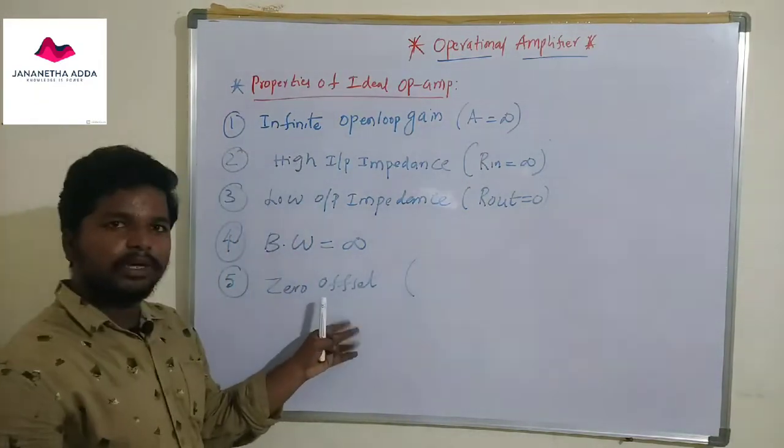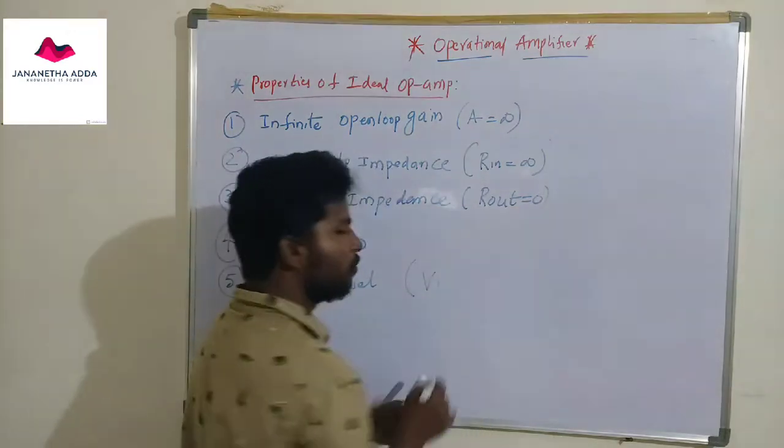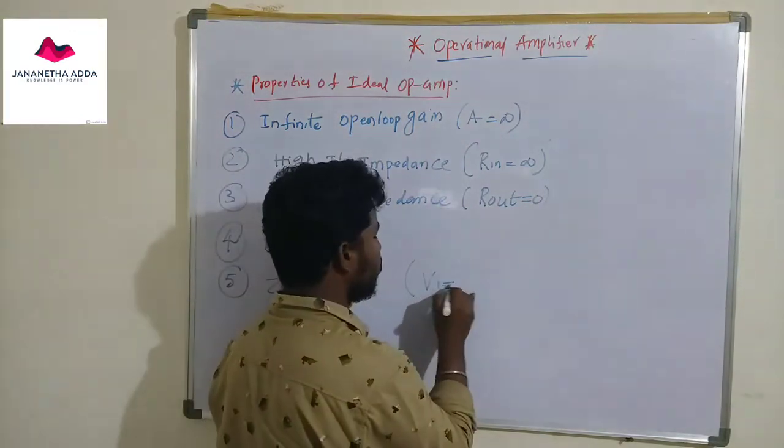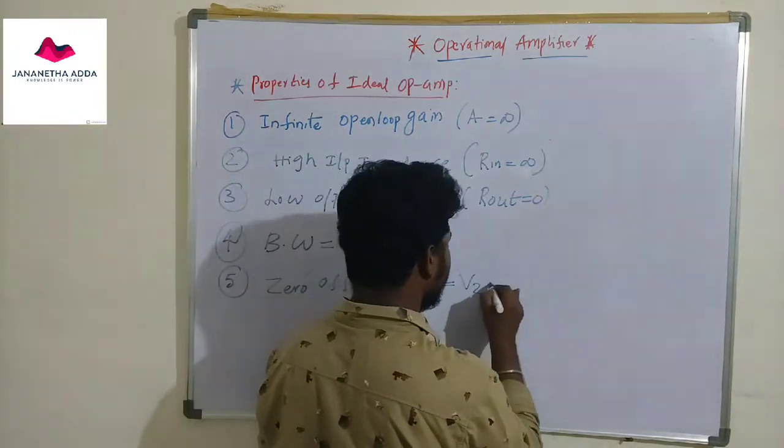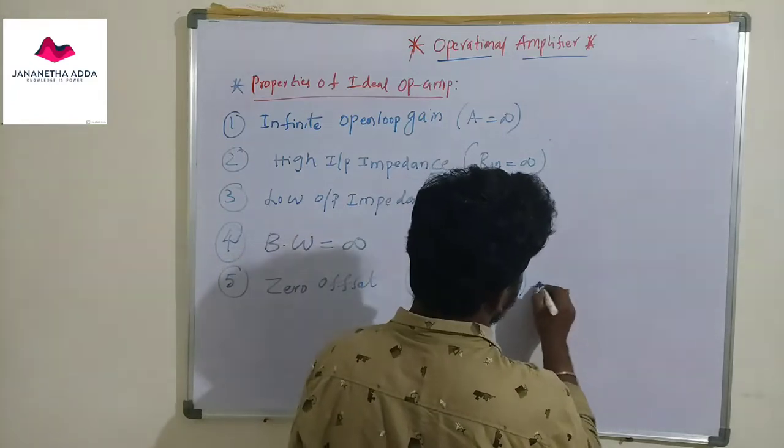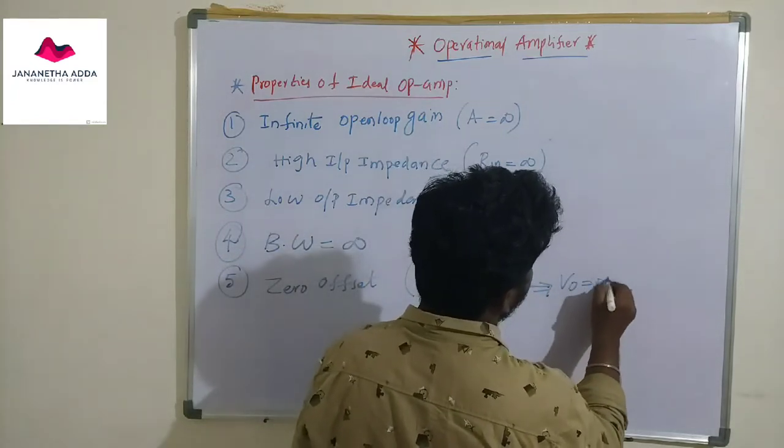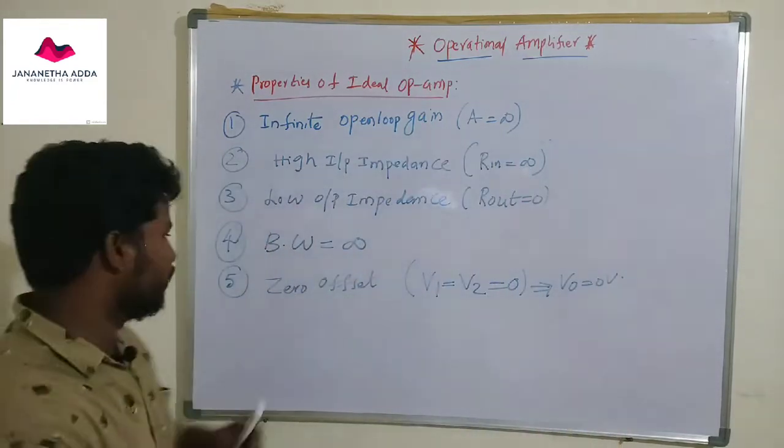So this can be explained by grounding both terminals, that is, when V1 equals V2 equals 0, it should provide a V output equal to 0 ideally.